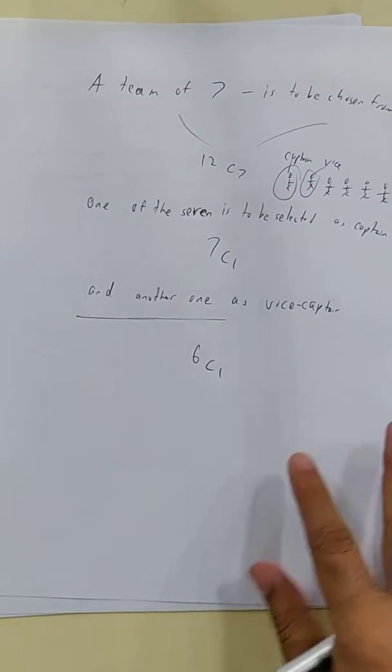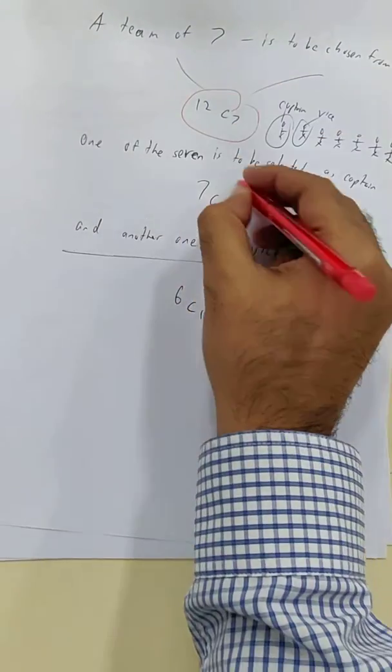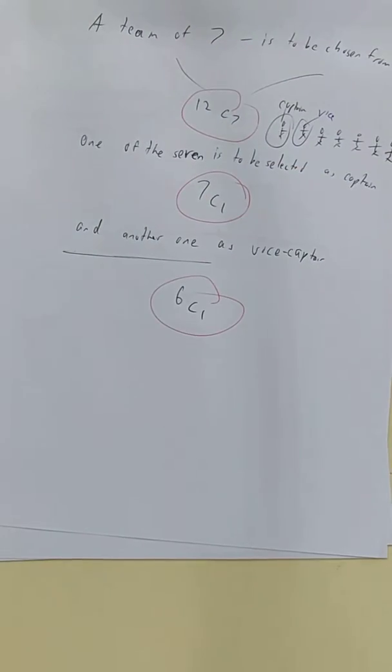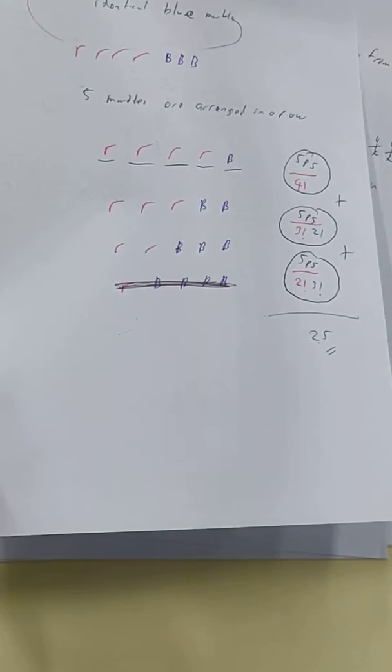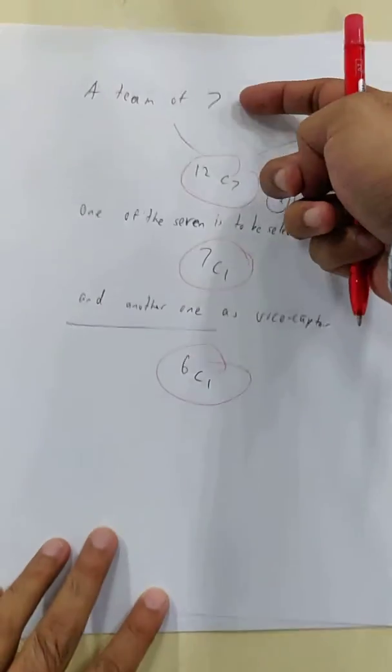Okay, so how do we connect all of this data? You have 12C7, 7C1, and 6C1. How do I connect them up? Plus or times? Why plus? Do you understand what a different case is? A different case is where you rearrange things over and over again. These things are connected.